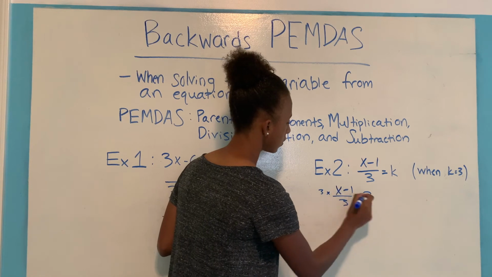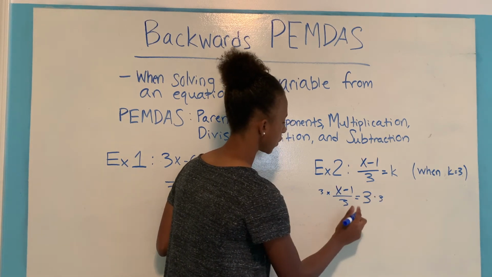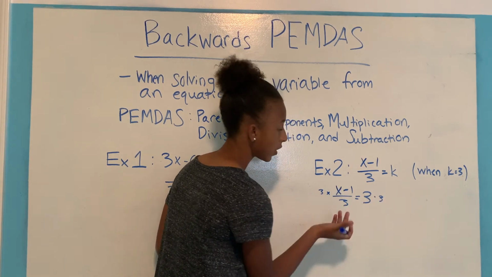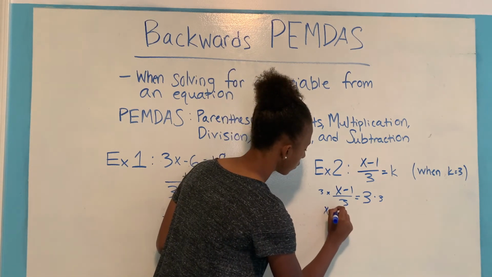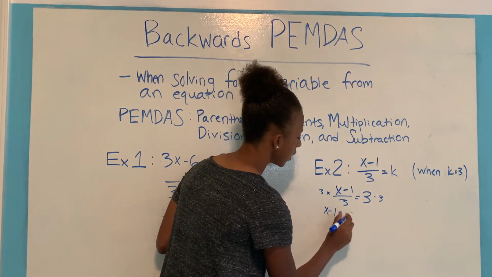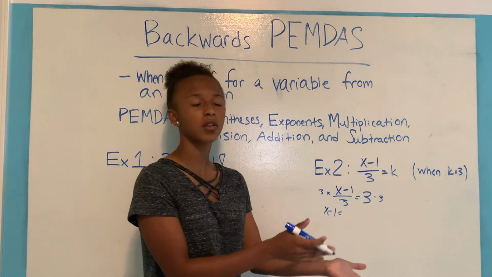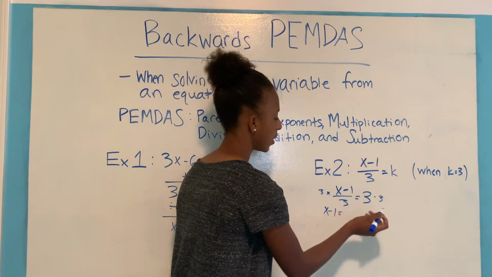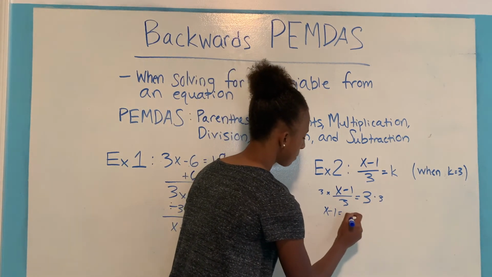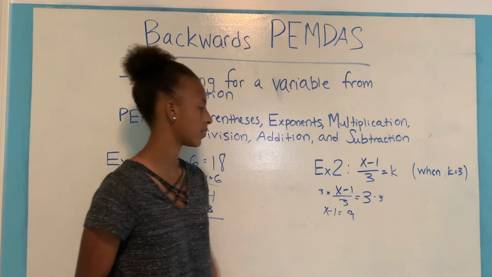So then that'll cancel out this denominator for you, and you'll just get x minus 1. And then remember, what you do to one side, you have to do to the other. So then it would just be 3 times that 3. Right? And that's how you get to that step right there.